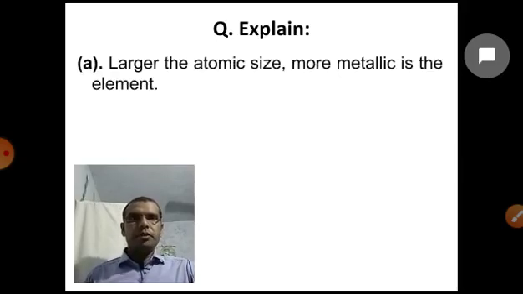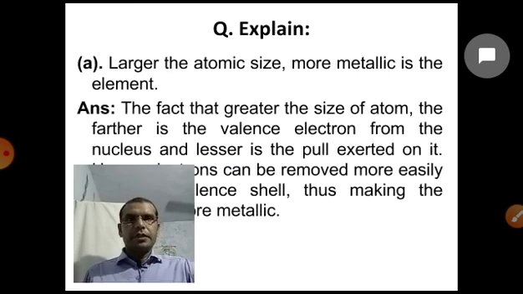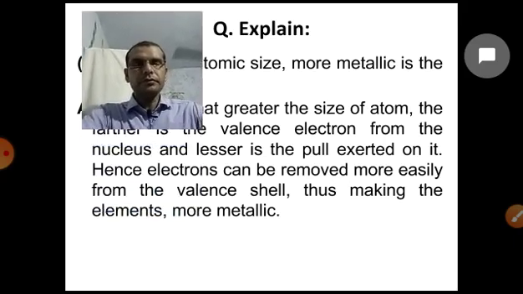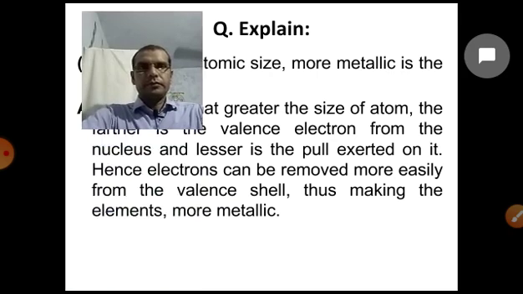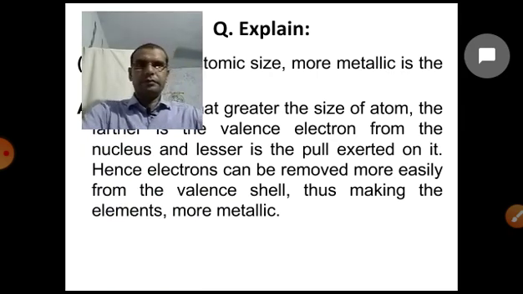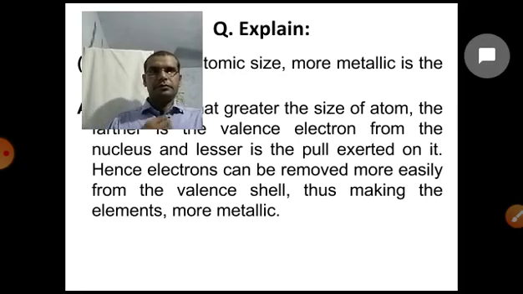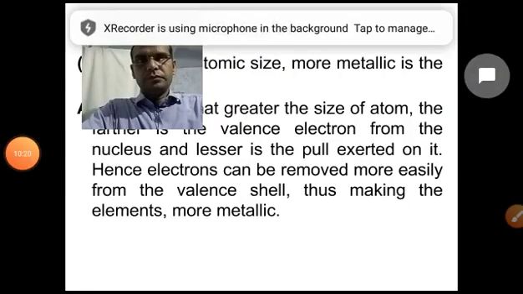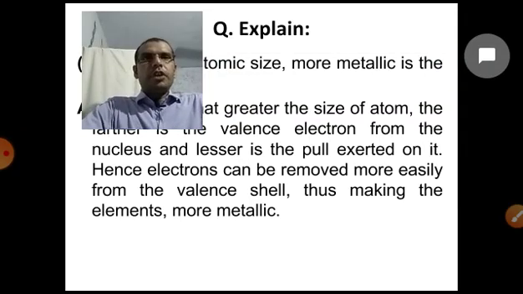The larger the atomic size, the more metallic is the element. The greater the size of the atom, the farther the valence electron is from the nucleus and the lesser is the pull exerted on it. Hence the electron can be removed more easily from the valence shell, thus making the element more metallic.